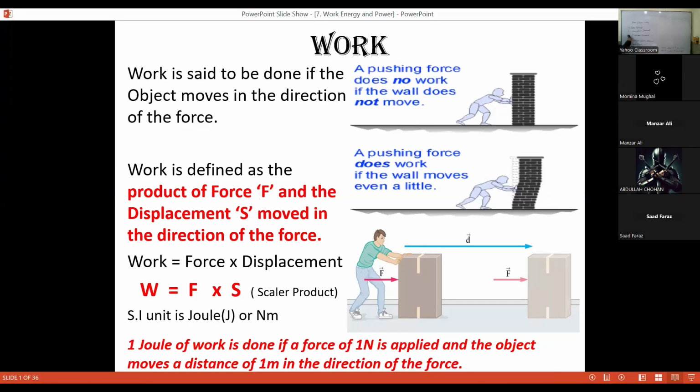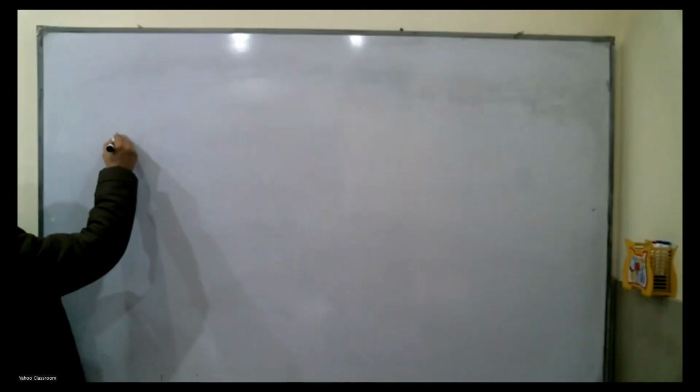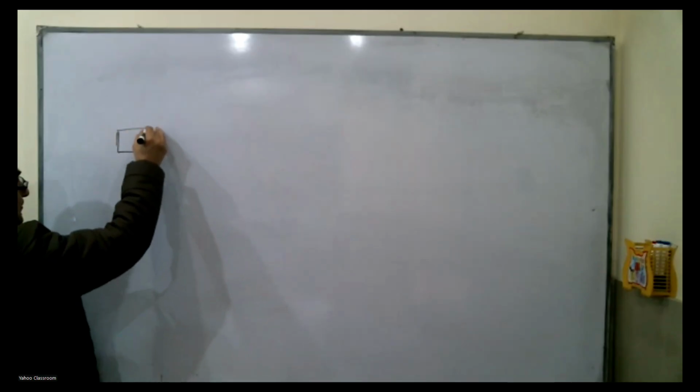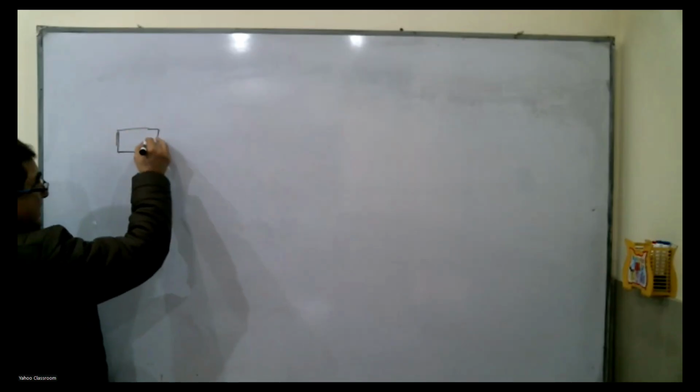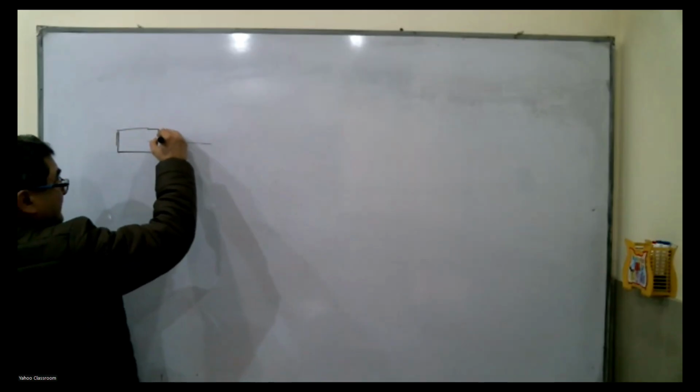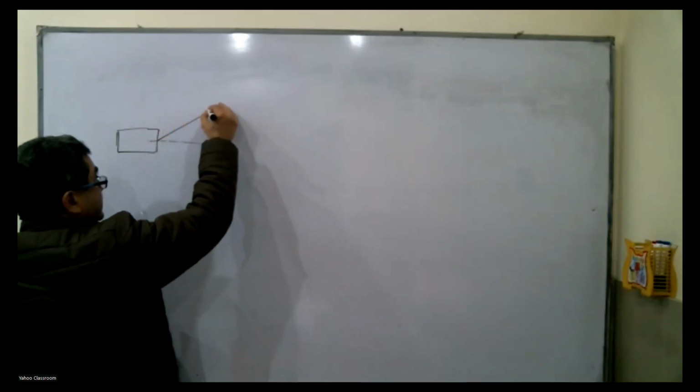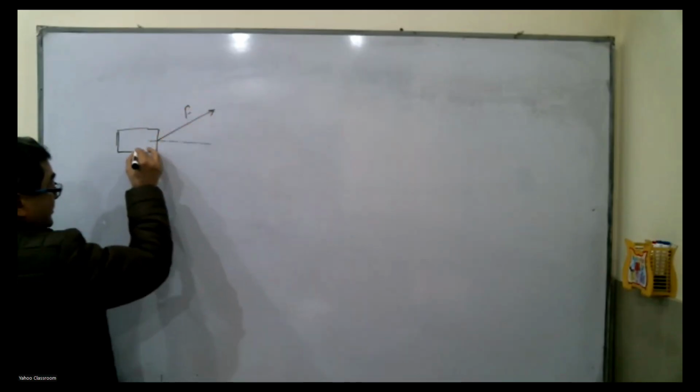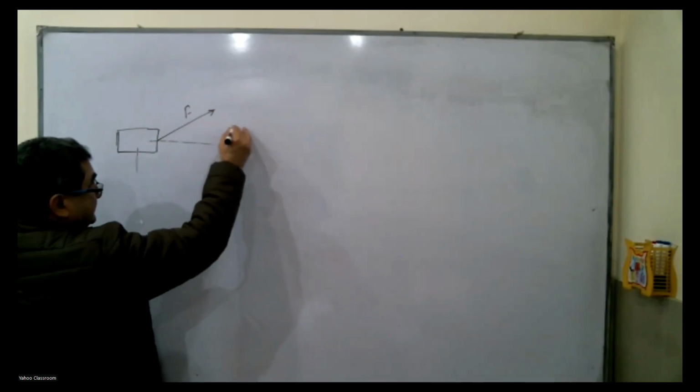Now this is the case if the movement and force are parallel to each other. What if the force and displacement are not parallel to each other? What will we do now? For example, if you have an object and you are applying a force, but this force is at a certain angle theta to the displacement.